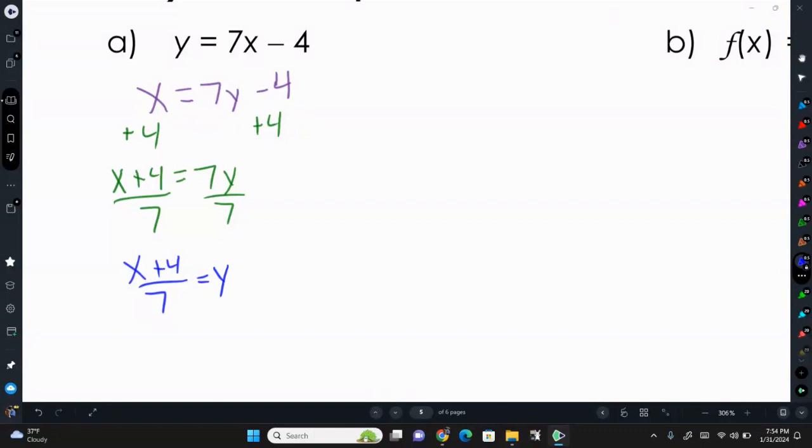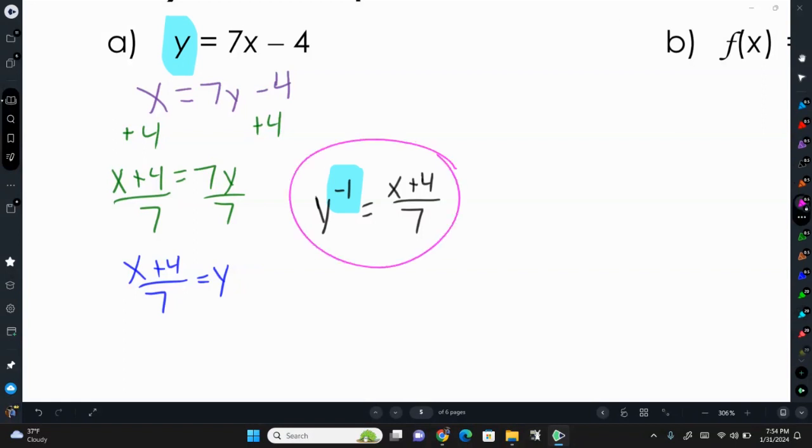Y is now by itself, so we can write that in inverse notation. The inverse of y is equal to x plus 4 over 7. You might say, well, why didn't you use f of x? I didn't use f of x because the original was y. So then the inverse of y would be x plus 4 divided by 7. So that would be, like I said, our final answer.